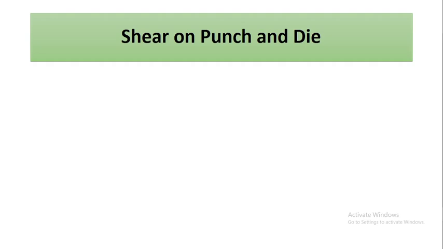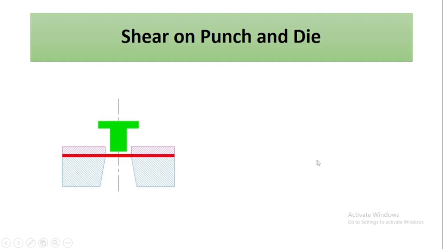Now if we didn't provide any shear angle or any shear on the punch, we had this case. If we provide shear on the punch, then we can perform the shearing action at a lesser amount of force.